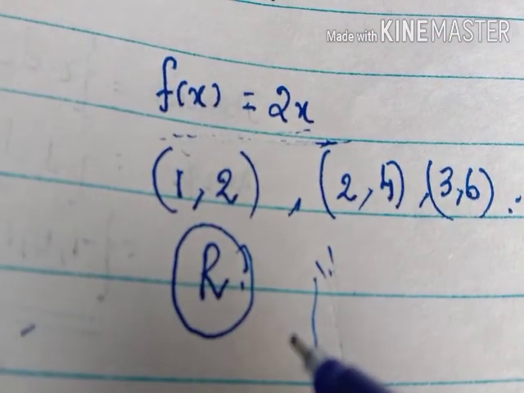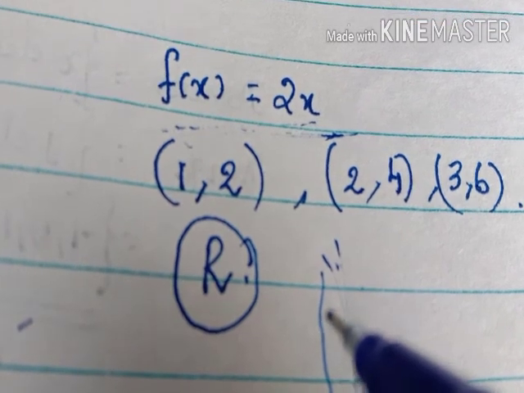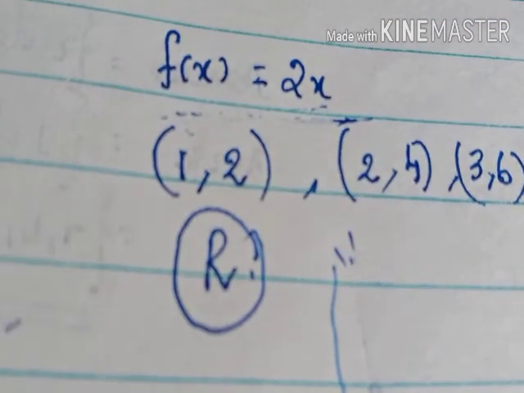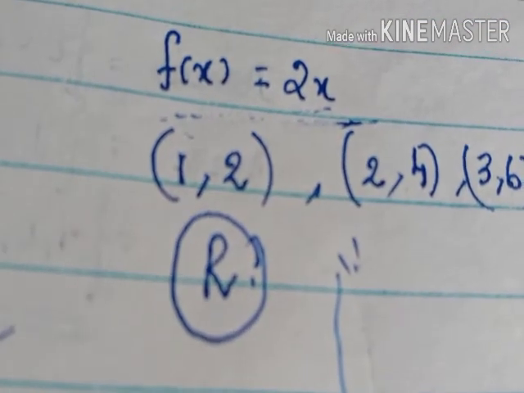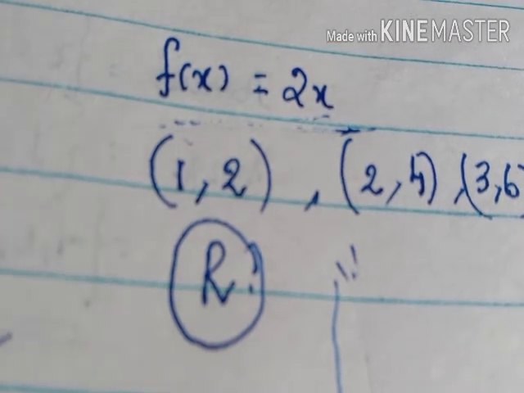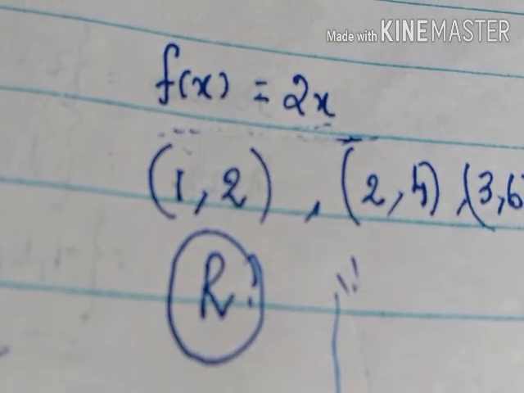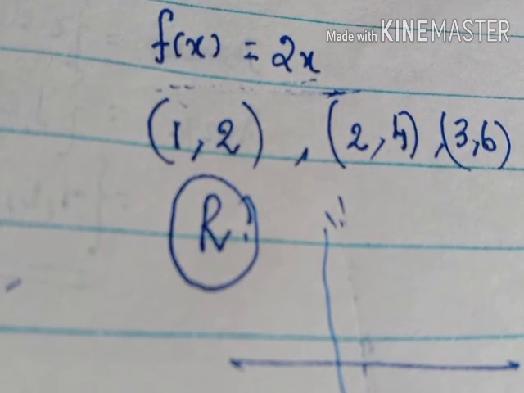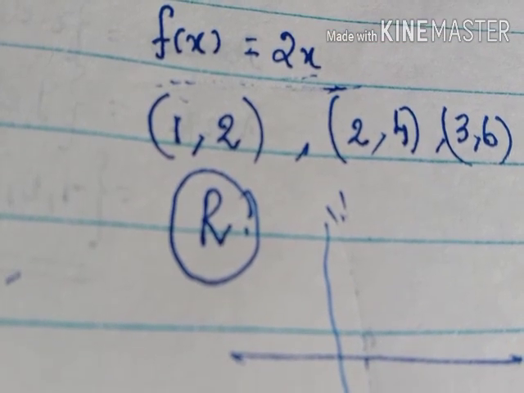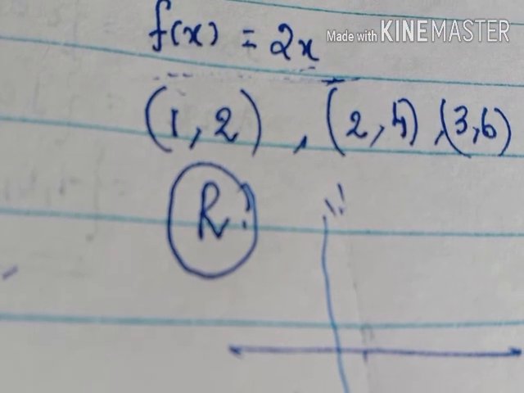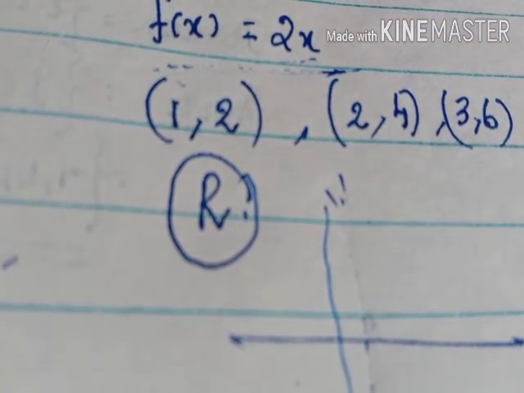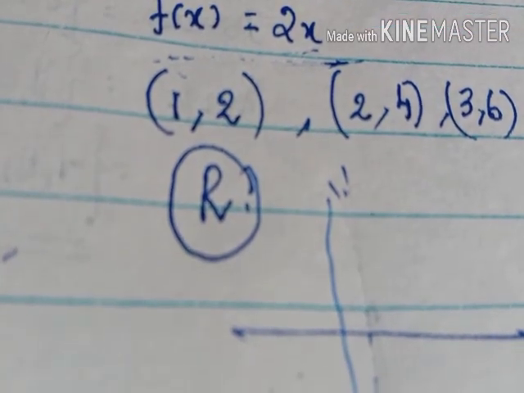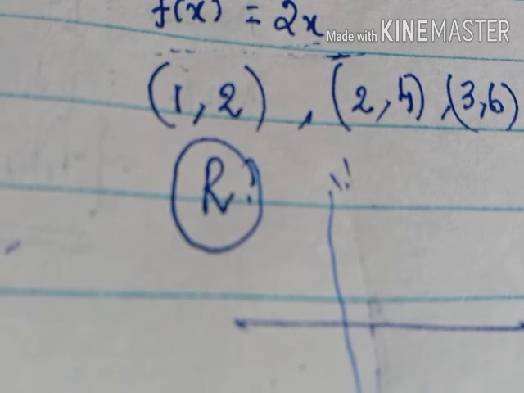Give more importance to the identity function, constant function, then modulus function, signum function, and also the greatest integer function. That's all about functions and their graphs. Next, we will see how to find the domain and range of a function using problems.